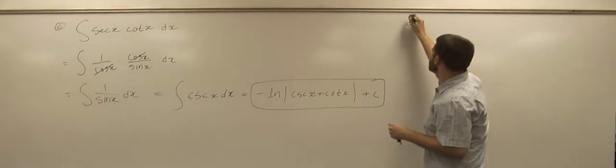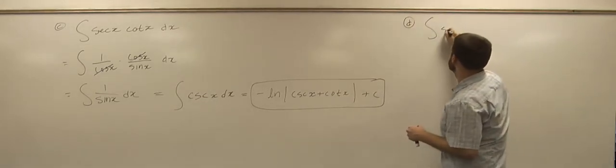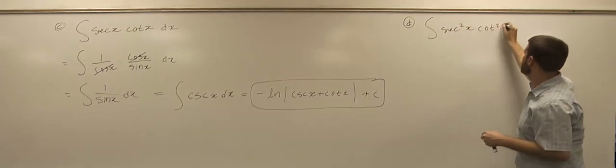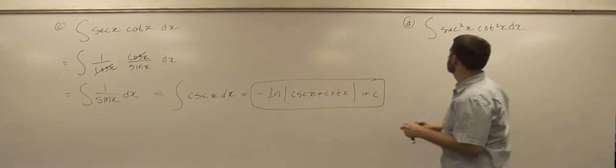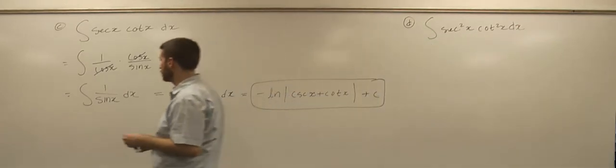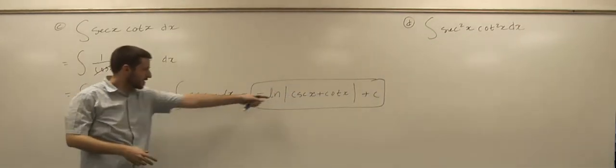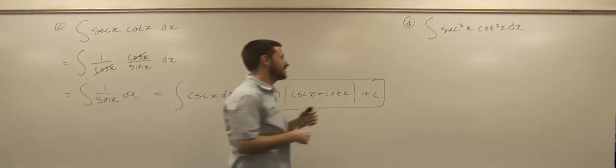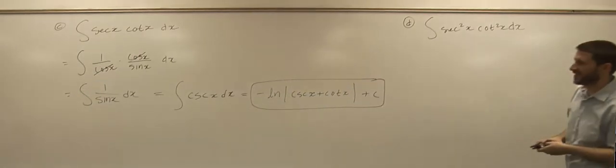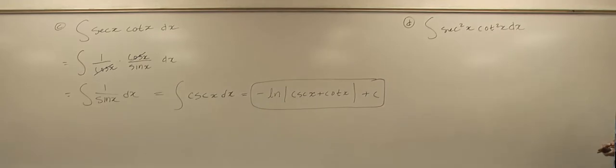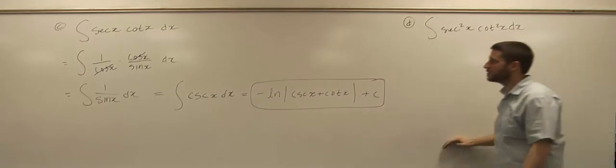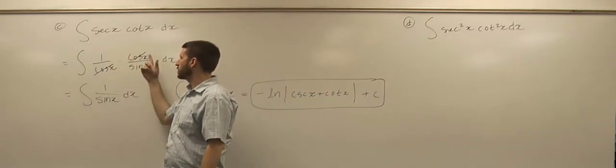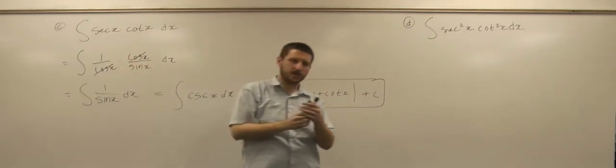What changes, just out of curiosity, if I gave you this, and I square them both? The cosecant squared, so it would be cotangent. Now you're going to do all the same simplifications. 1 over cosine, but it'll be squared. Cosine squared, sine squared.